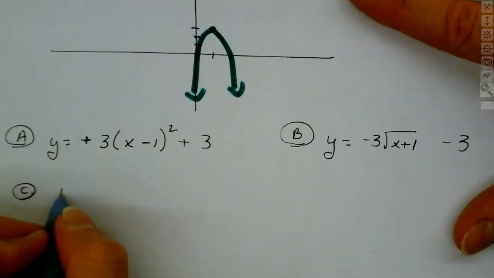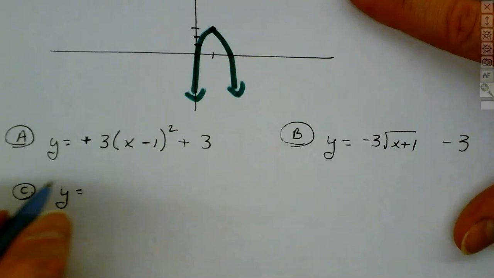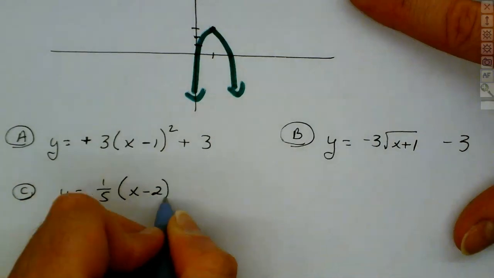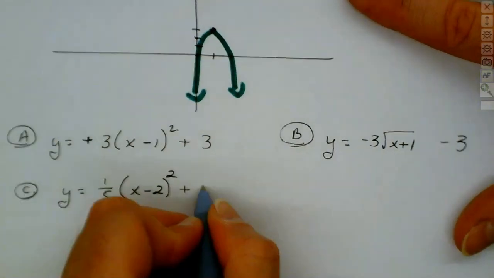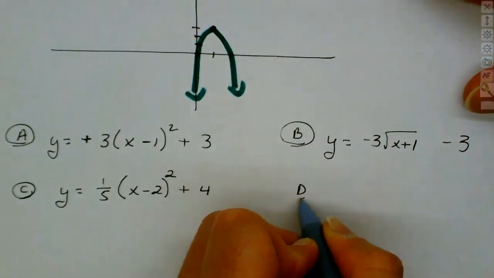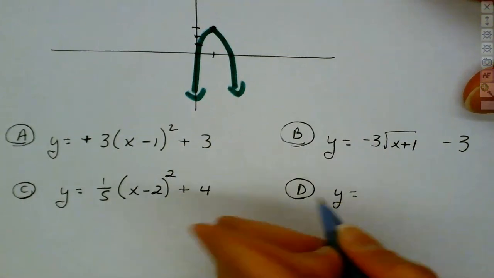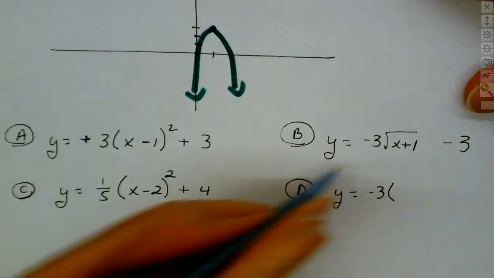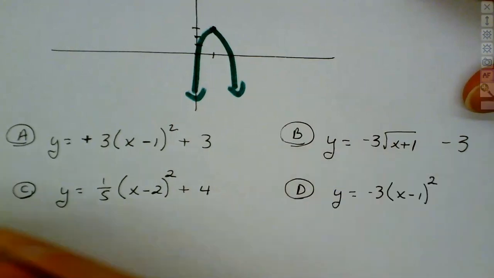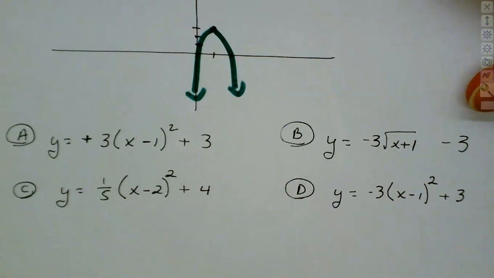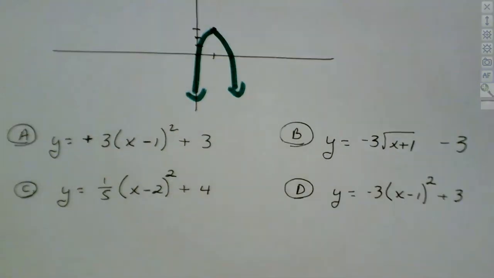How about y equals 1/5 (x minus 2) quantity squared plus 4. And let's do one more. How about y equals negative 3 times (x minus 1) quantity squared plus 3. Okay, so which one can I eliminate at the very beginning?